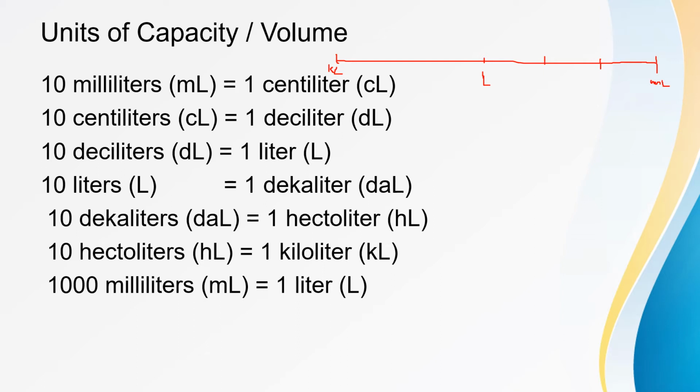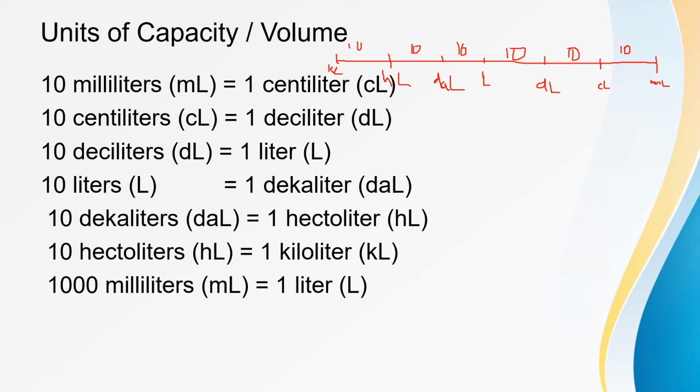And then we have CL, the centiliter, DL for deciliter, dekaliter, and HL for hectoliter. That's why here 10 millimeters is equal to 1 centimeter. That means each step here is 10 again. So going from left to right, multiply by 10. Going to the left, divide by 10.